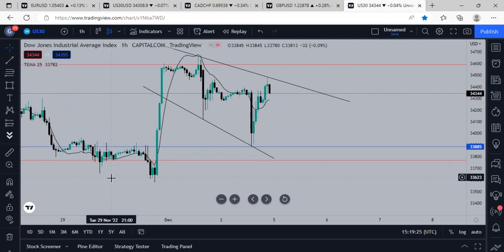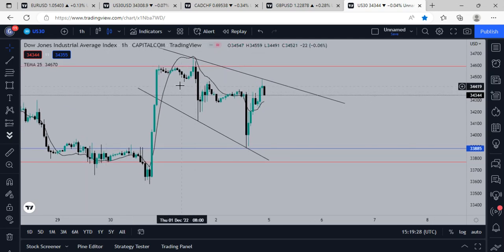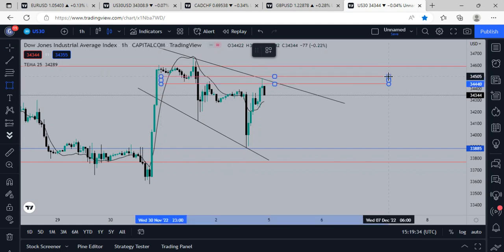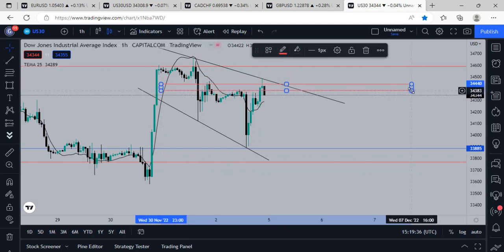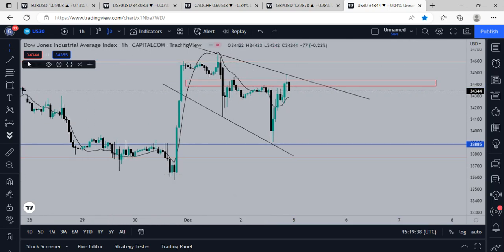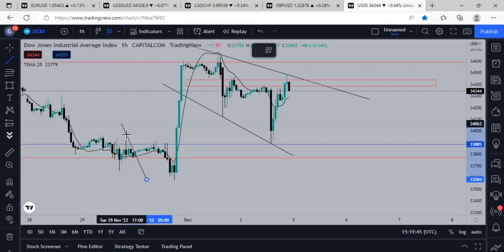Since I see a trend line in this area, and I see another resistance zone right over there, this is very important, because my main focus is this area in this box. And in this area, what we have is a forming trend line.